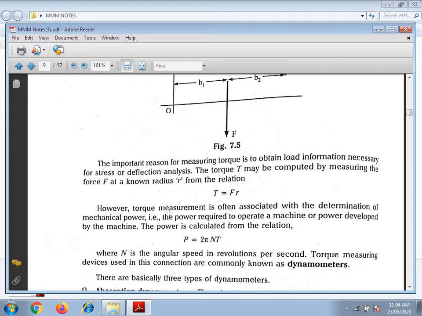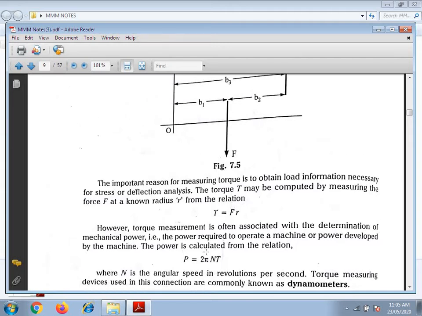However, torque measurement is often associated with the determination of mechanical power, that is, the power required to drive a machine or power developed by the machine. The power is calculated from the relation P is equal to 2 pi NT.